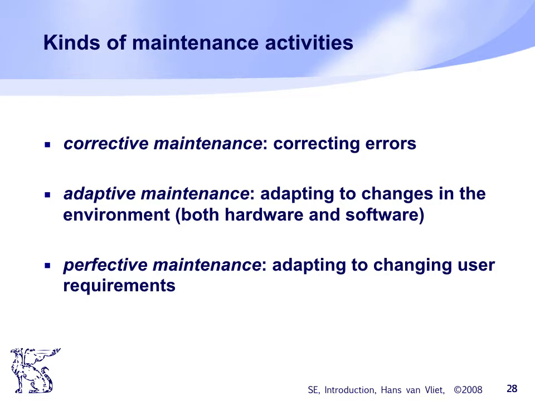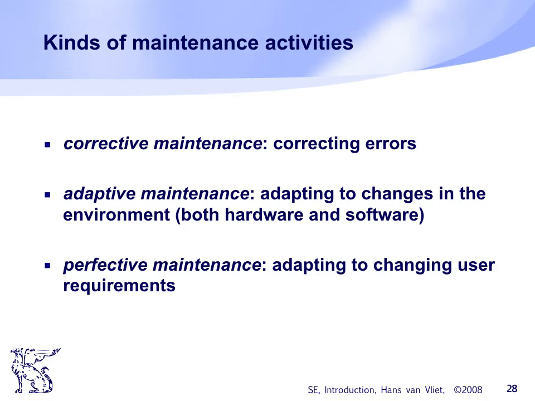It's adapting the software to new or changed user requirements, such as when the user wants a new extra function, so you have to add that extra function, and that's perfective maintenance. Or the user wants to increase the system's performance, or you want to enhance its user interface, those kinds of maintenance are called perfective maintenance.